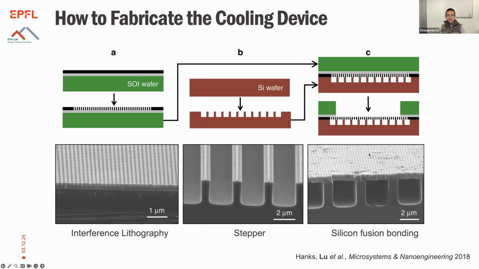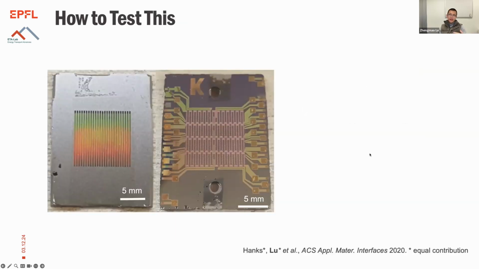With this device, we can do some thermal testing, but first we have to pattern some heaters onto the backside of the device. Here again, you're looking at some joule heaters and some resistive temperature detectors that allow us to provide heat to the membrane device and also measure the temperature at the bottom.